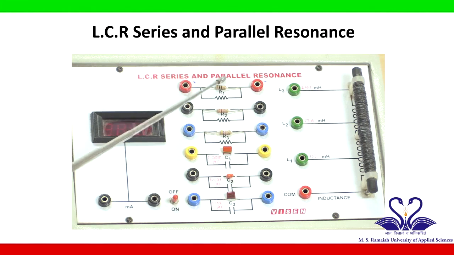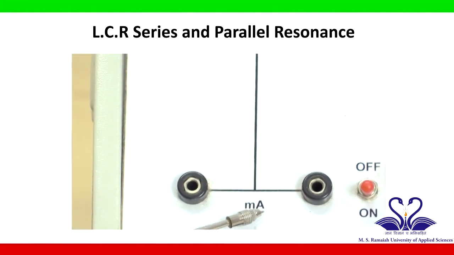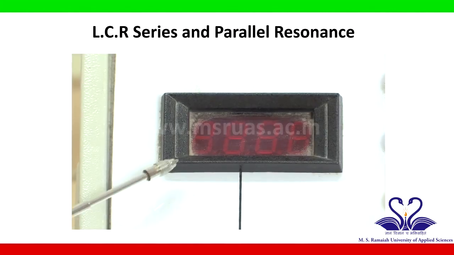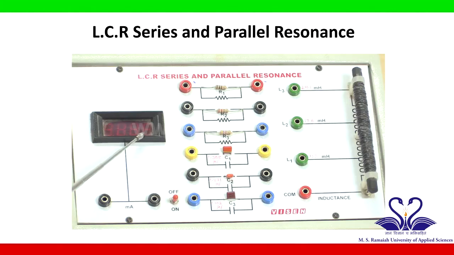The LCR series and parallel resonance kit has a milliammeter, where we can determine the current in milliamps. Resistors R1, R2, R3, capacitors C1, C2, C3 and inductances L3, L2, L1.